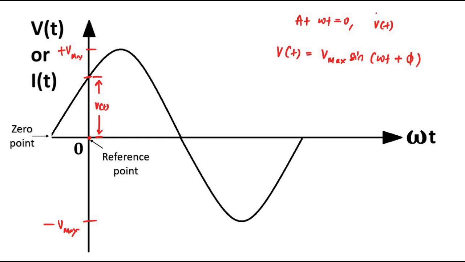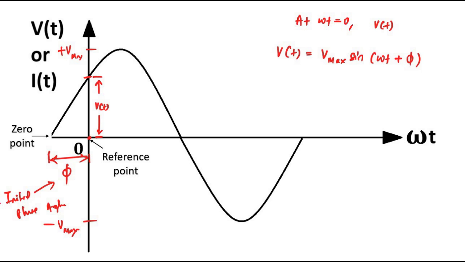This is the value, omega t plus phi, and this much amount by which it is behind the origin on the phase axis is called the initial phase angle. This is the initial phase angle.